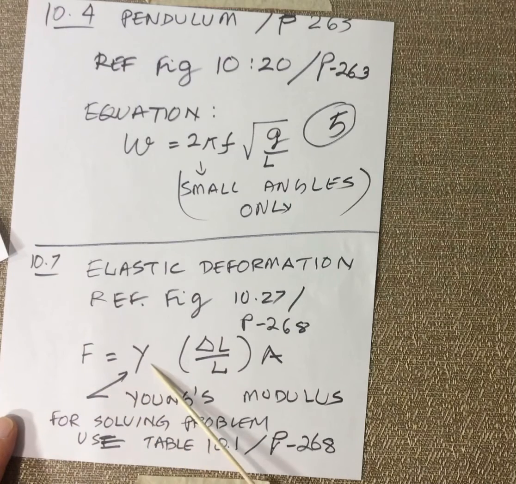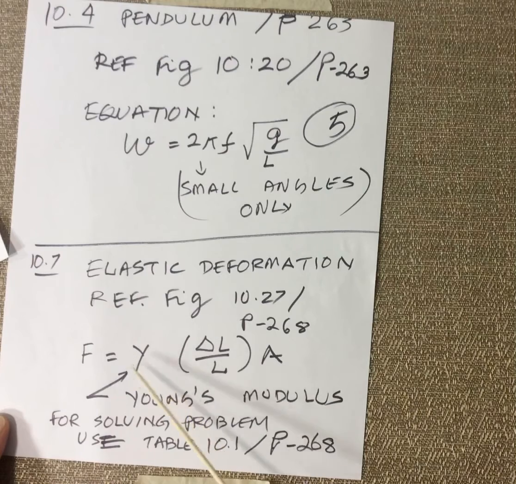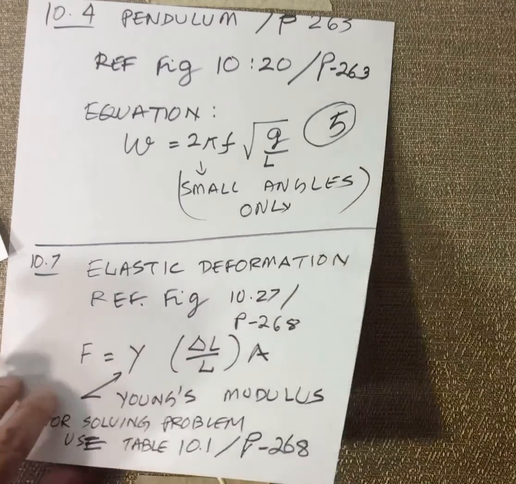F over A equals Y, which is the Young's modulus. This is the constant. You have a table there, table 1, which gives you details of all the different Y values. Delta L is the change in length over the initial length, and A is the cross-sectional area. Mostly you will be using table 1 to solve problems.